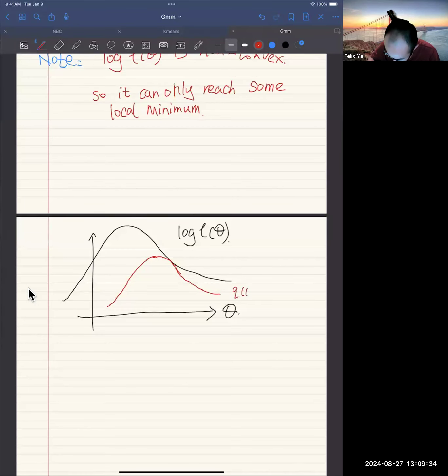This is Q of theta and theta t at theta equal to theta t. Then these two functions and the function values are the same, and my Q is always smaller or equal than the log likelihood.